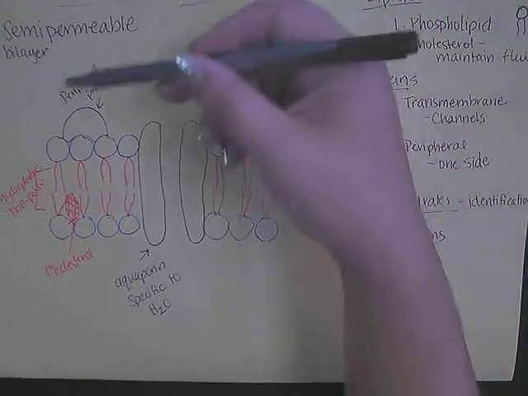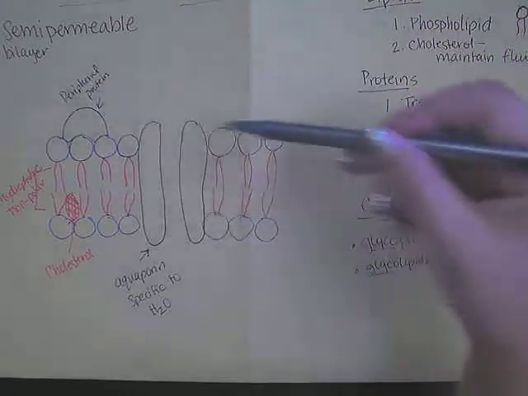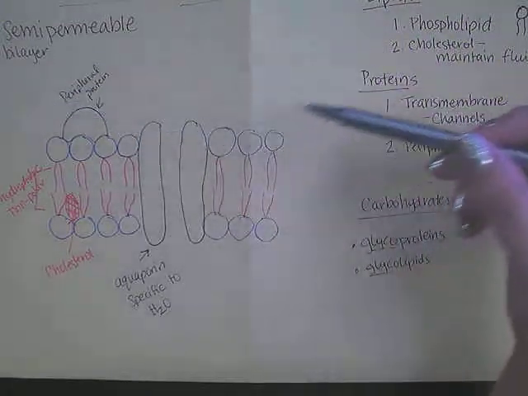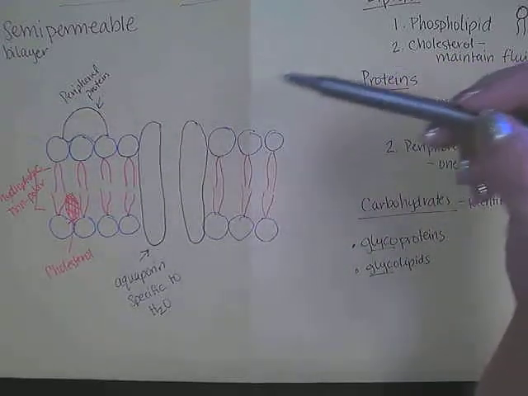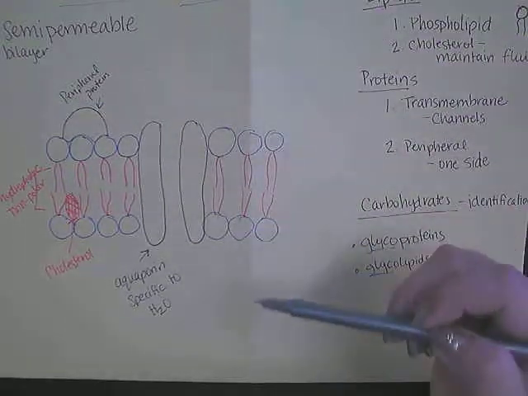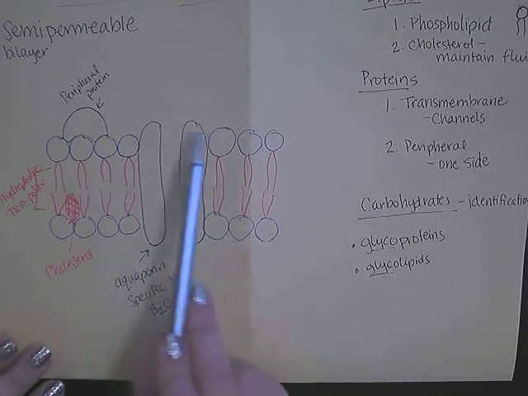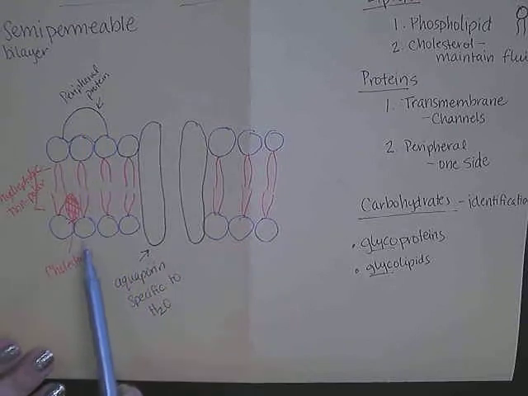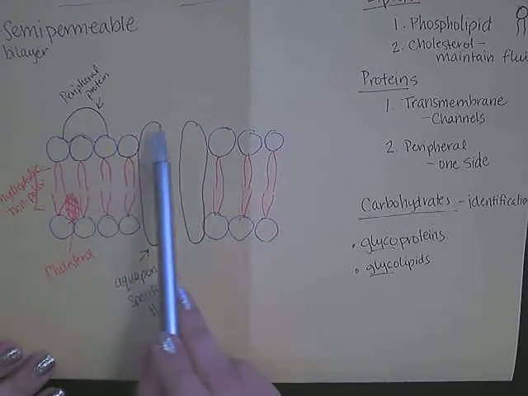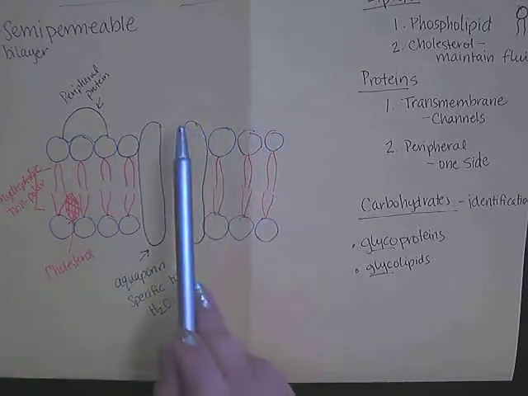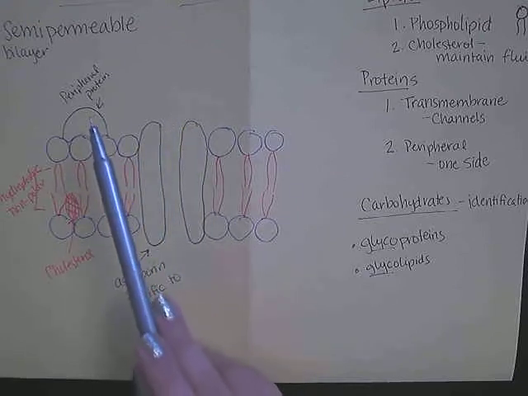So out here in the extracellular environment, the channels, the proteins, the carbohydrate chains will be different than the ones on the inside of the cell. And these peripheral proteins can move along the surface of either the inside or the outside of the plasma membrane, similar to the way that a boat would move on a lake.